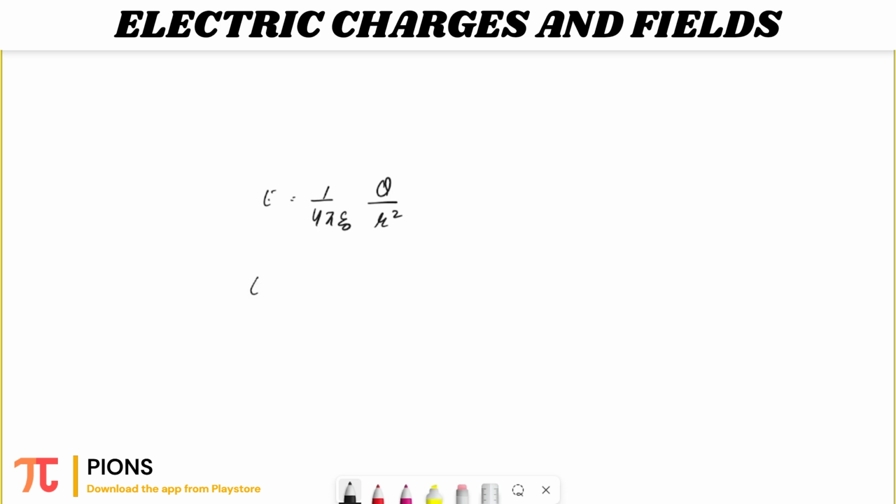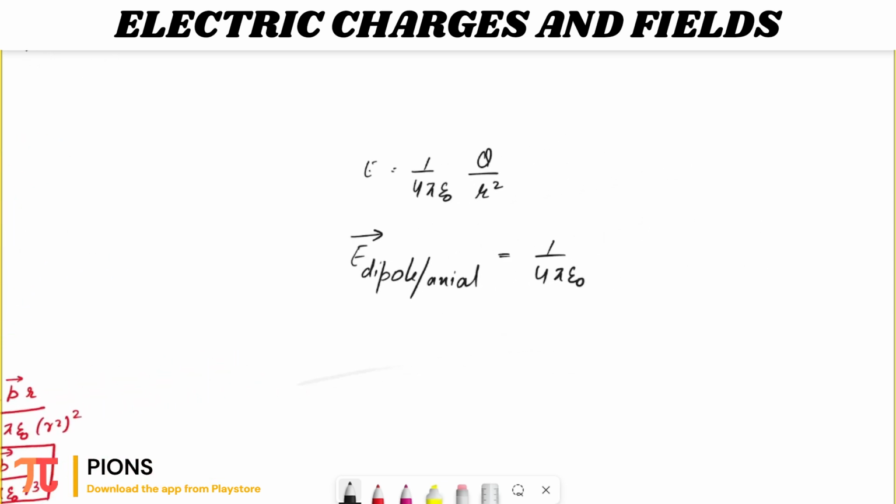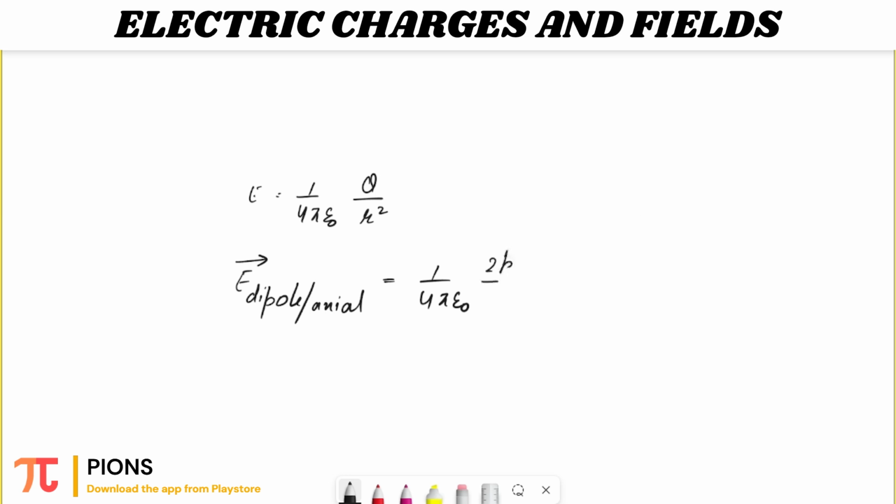But what we got for an electric field due to a dipole on the axial line, along with this dipole on the axial, because one more point we will find in the next lecture, we found as 1 by 4 pi epsilon naught, 2P by R cube. So for a single charge, it is inversely proportional to R square. But the moment the charge increased, it became a dipole, it became inversely proportional to R cube. Understood? Yes.